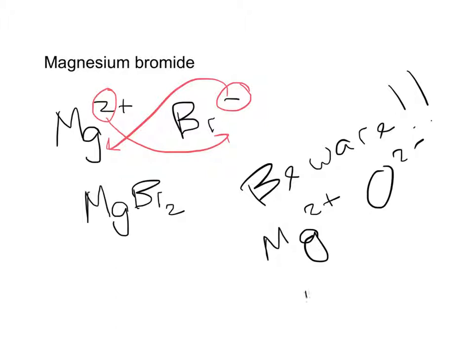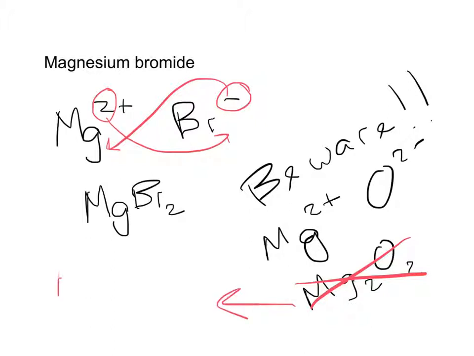It would be wrong to write Mg2O2. The subscripts there are in a 2-to-2 ratio, which can be simplified to 1-to-1. So the proper way to write that would be MgO. This crisscross method is very reliable, but you just have to make sure that your subscripts are in the lowest ratio possible.